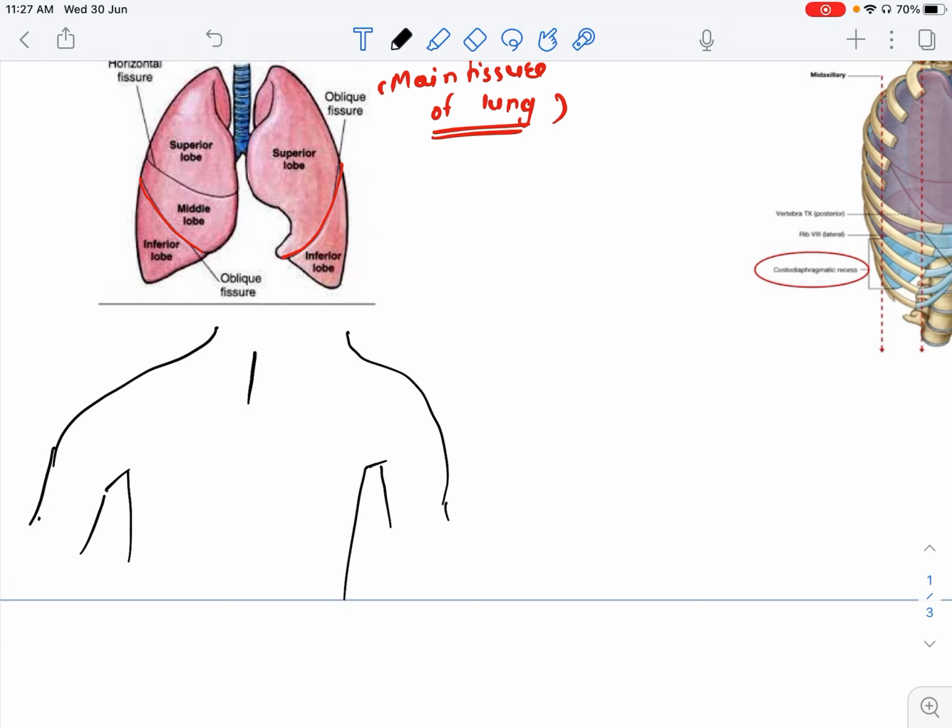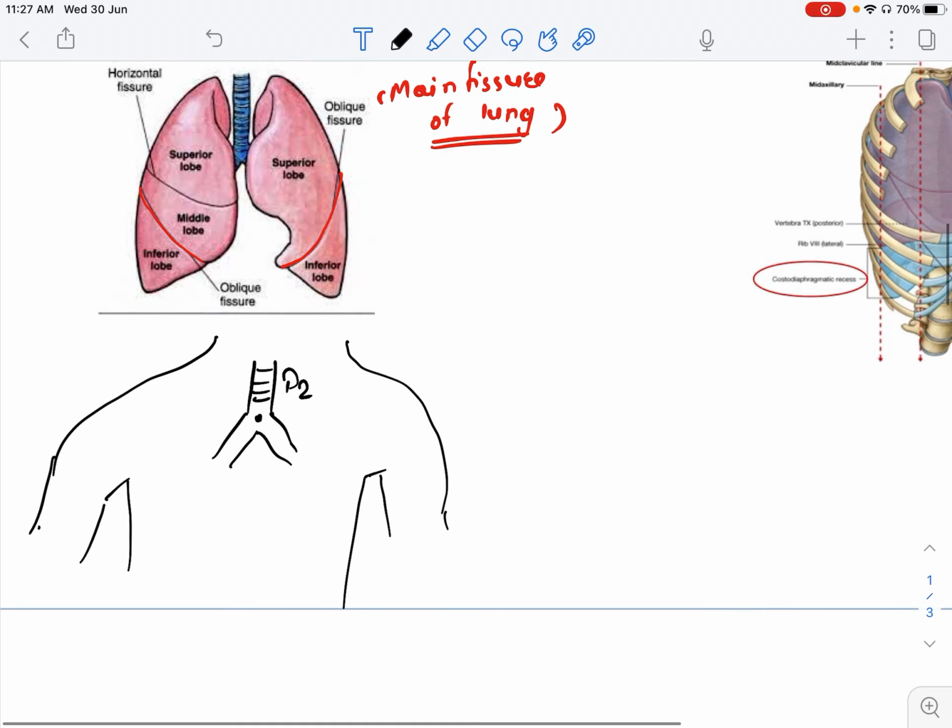Sorry for my drawing abilities. So this is the trachea and the bifurcation of trachea, that is carina. Now what happens at the D2 level, that is the second thoracic vertebra, this oblique fissure starts to run. It runs along the fifth rib.